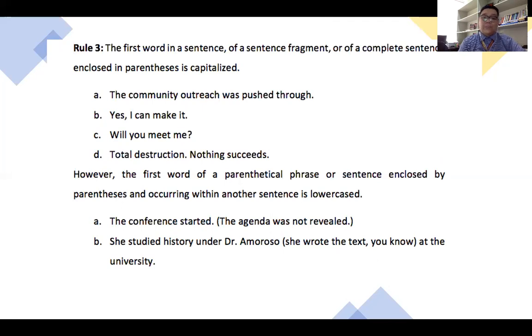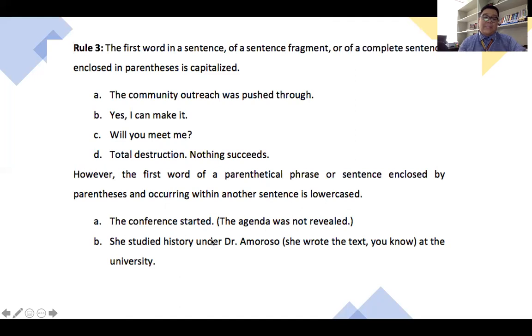However, the first word of a parenthetical phrase or sentence enclosed by parentheses and occurring within another sentence is actually lowercase. For example, the conference started, and then you would like to insert another sentence here just for emphasis purposes. The conference started, the agenda was not revealed. If you notice, since this one is another sentence, then even enclosed in parentheses, we still capitalize this one.